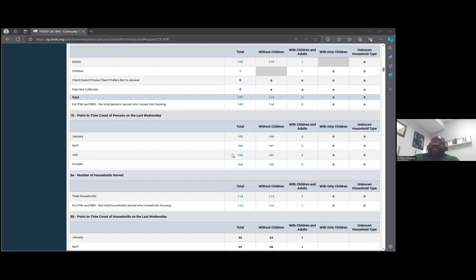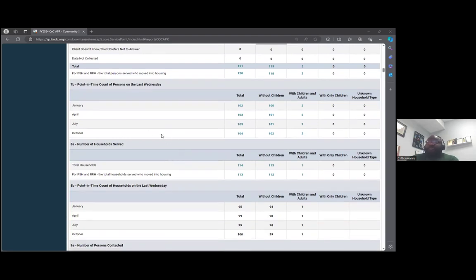So let's say at any given time, you're supposed to have 100 clients in your program. The way HUD measures that is it looks at the last Wednesday in January, April, July, and October. So 4 different quarters of the year. And how many people you had on the last Wednesday of those 4 months.